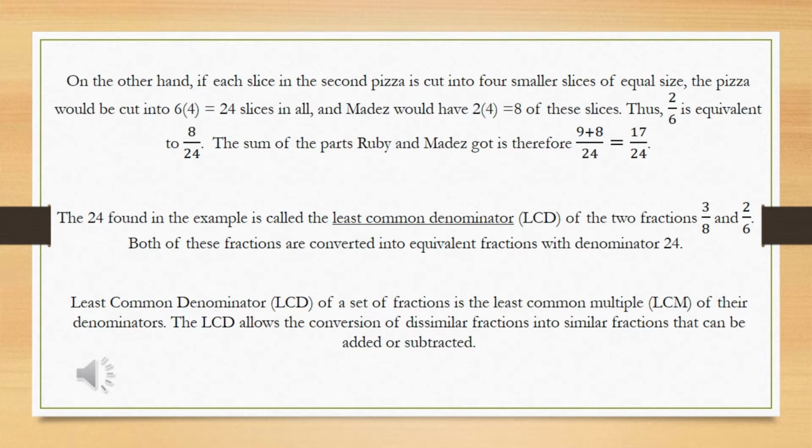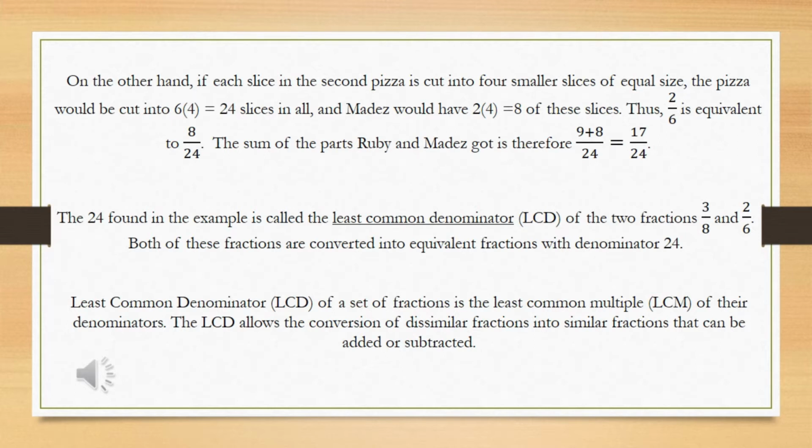The sum of the parts they got is therefore 9 plus 8 over 24 equals 17 over 24. The 24 found in the example is called the least common denominator of the two fractions 3/8 and 2/6. Both of these fractions are converted into equivalent fractions with denominator 24.